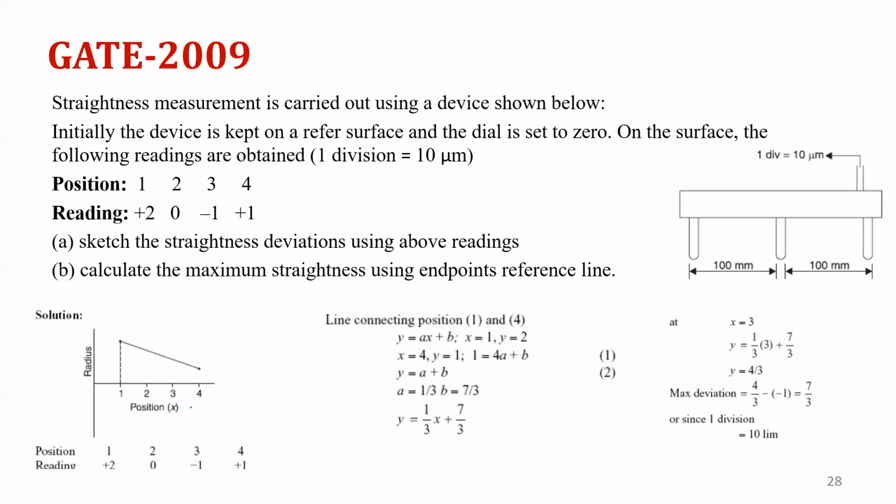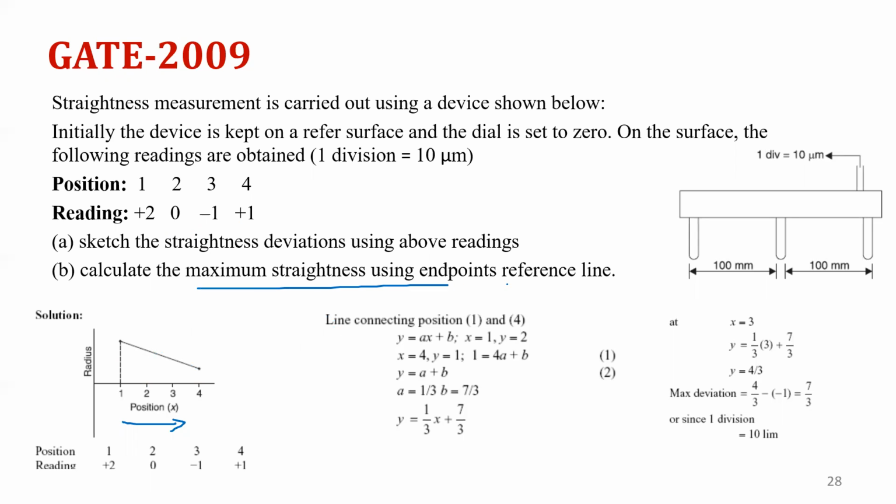Let us take the position X. At position 1, it is +2. At position 2, it is 0. Position 3, it is -1. And position 4, it is +1. These values are given.